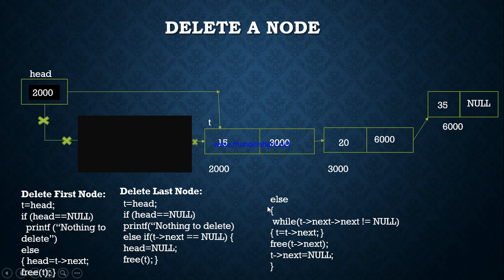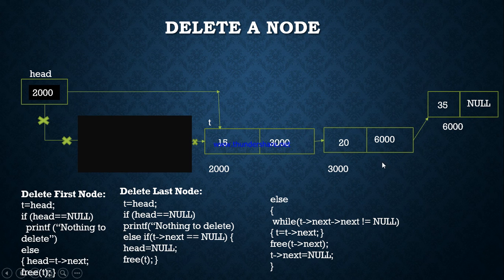In the else condition, that scenario has many nodes, more than one node in our list. That time this is our logic. T is here, T points to the node 2000. T of next is 3000, and its next is 6000, not equal to null.